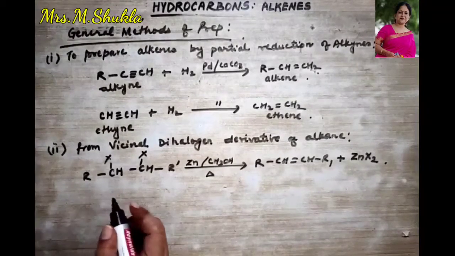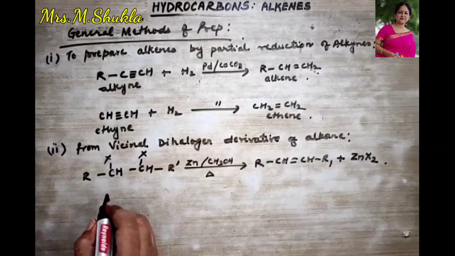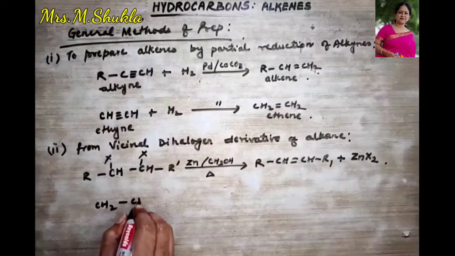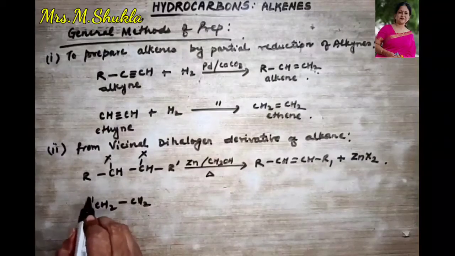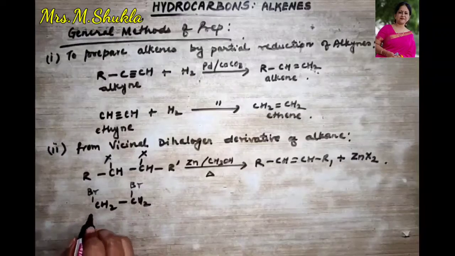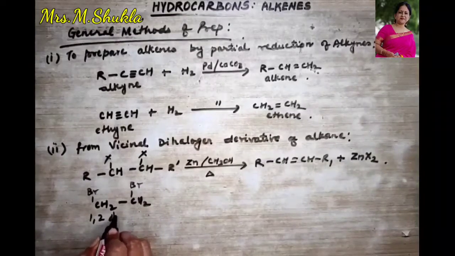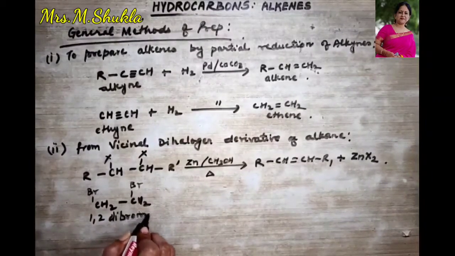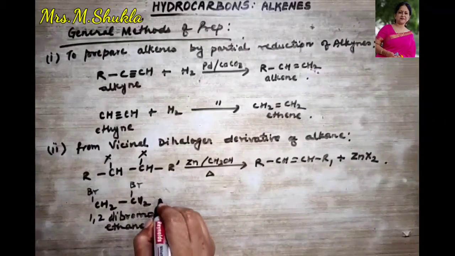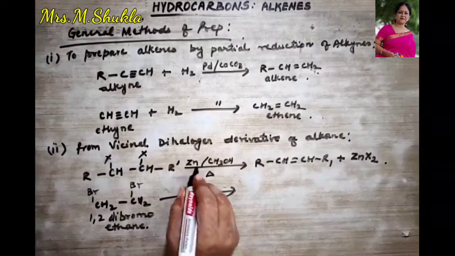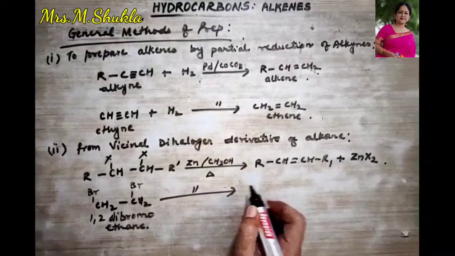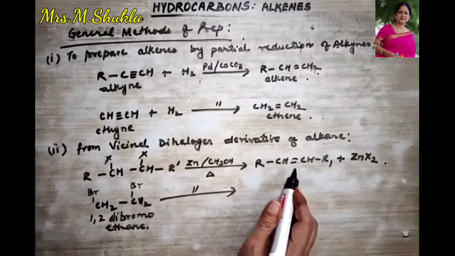So let's look at one example over here. If I take 1,2-dibromoethane, that is CH2Br CH2Br. What is the name of this? 1,2-dibromoethane. When this is treated with granulated zinc in the presence of methanol and heated, then we should get the corresponding alkene.